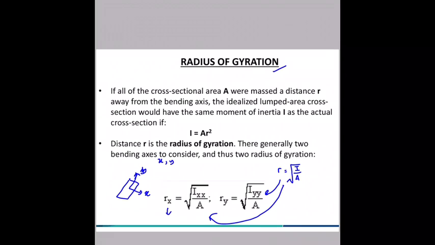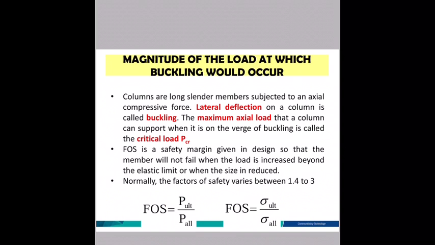Then after that you can calculate for Sxx and Syy. From S value here, you will know that the column will buckle in which axis. The magnitude of the load at which buckling would occur.